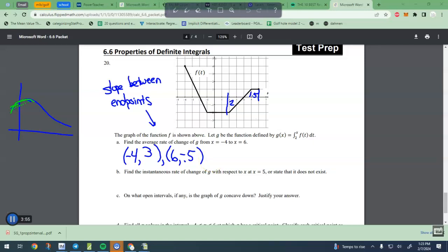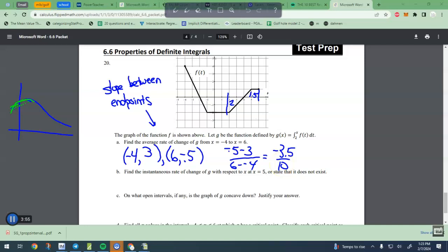You gotta flip it because it's backwards. So then, okay, negative -0.5 minus 3 over 6 minus -4. So like negative 3.5 over 10. You can leave it like that.